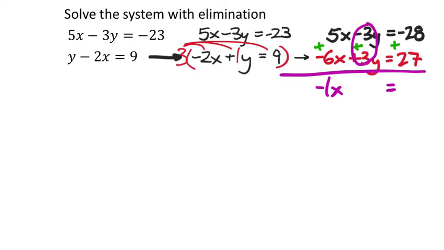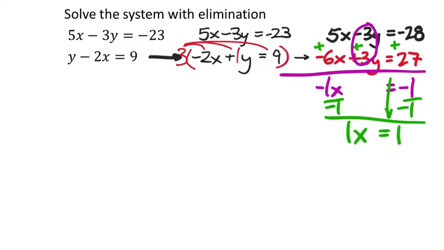And then negative 28 plus 27 is, I guess, negative 1 here. The last thing I need to do to solve this one is simply take both sides and divide by negative 1, which will make the x coefficient positive 1, which we want. Negative 1 divided by negative 1 is also positive 1. I'm going to make that a phantom one so it looks pretty.